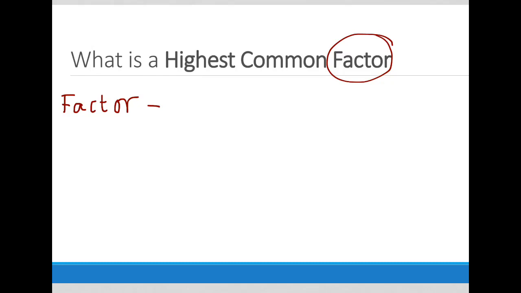So hopefully you've come up with a definition for factor and you've reminded yourself what those are.